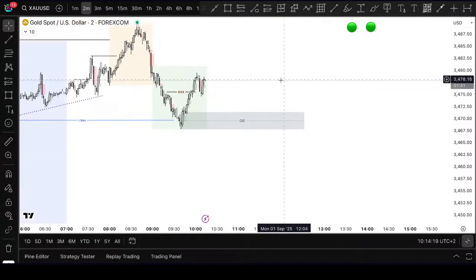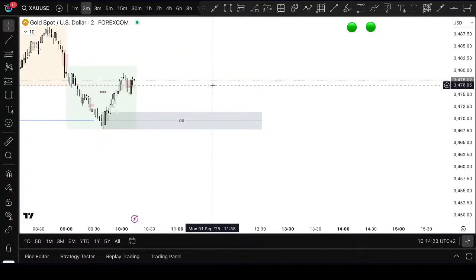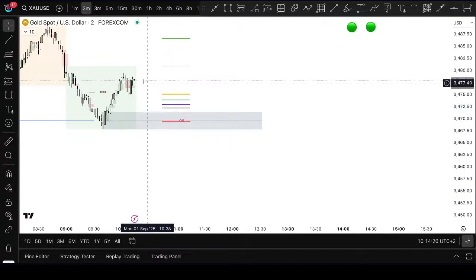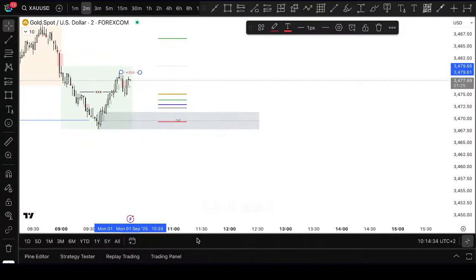Yeah, the gold. When that creates a break of structure, yeah, we can go for long here. If we get this break of structure again, we can go for long. It is what it is.